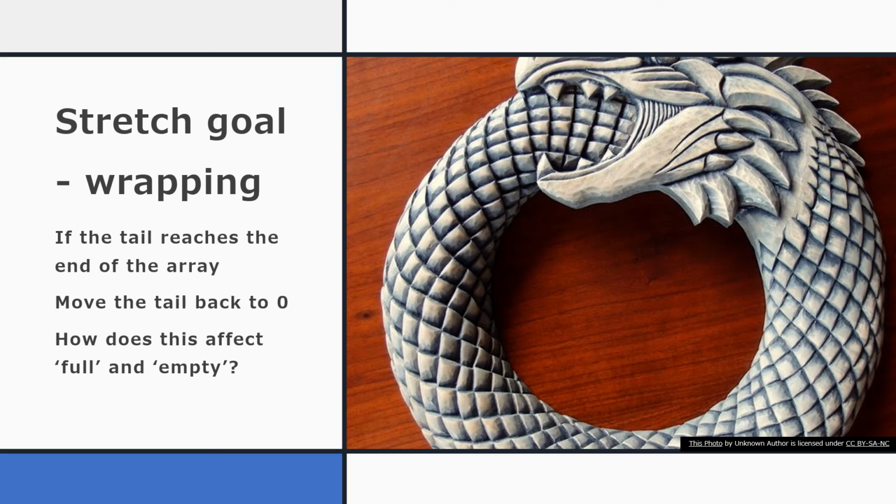Remember that if the tail of a queue reaches the end of the array, then we can't add any more data. A good workaround for this is to move the tail back to the start of the array and carry on building the queue up there. This has to be carefully done so that you don't overwrite the head of the queue. So you'll need to check very carefully and arrange this with quite some clever coding.